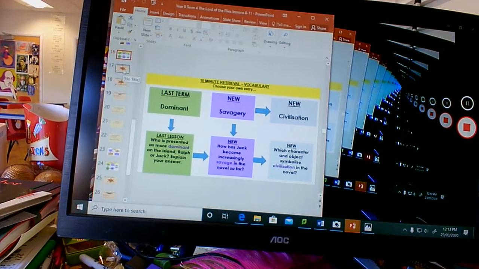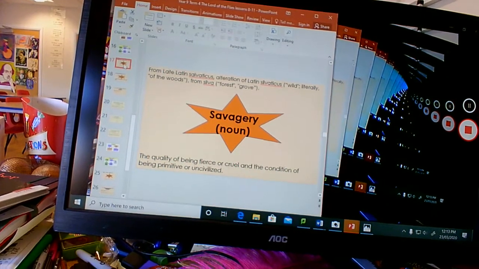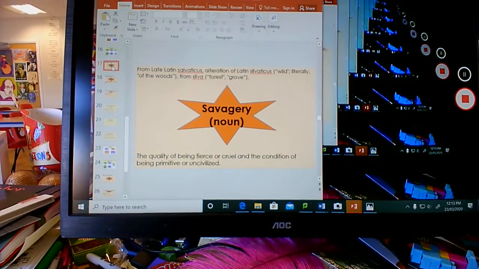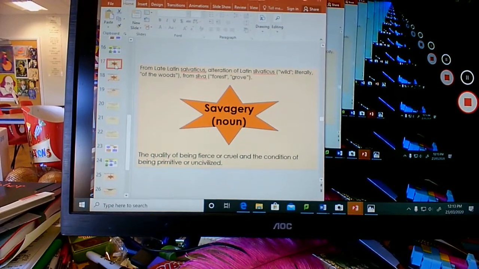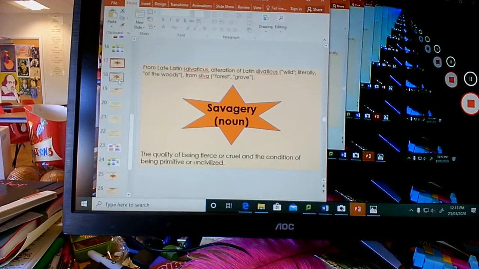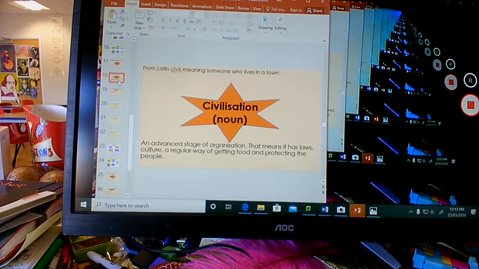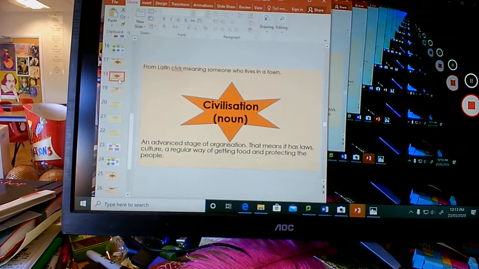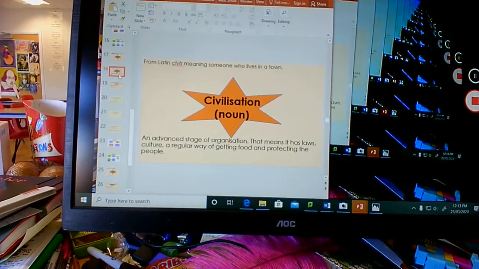We are going to have a little look then at our new vocabulary if you were unsure. So we have savagery, the quality of being fierce or cruel, and the condition of being primitive or uncivilized. And then civilization, an advanced stage of organization. That means it has laws, culture, and a regular way of getting food and protecting the people.